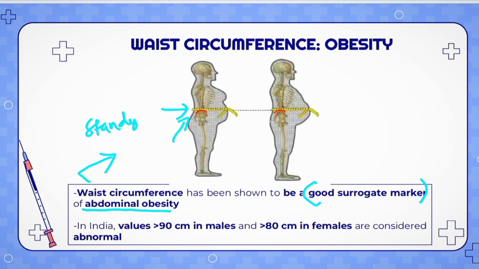As per the Indian values, if the value is more than 90 cm in males and more than 80 cm in females, then we can consider this waist circumference as abnormal.